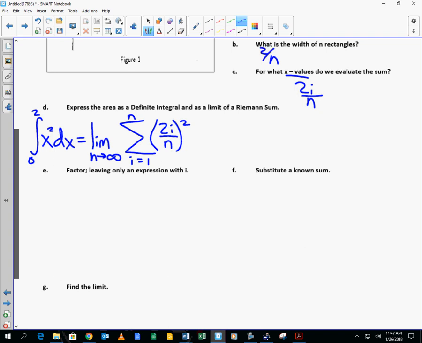These are the x values. We plug them into the function. The function is x squared. So we get the 2I over n quantity squared, times our delta x. What's delta x? 2 over n.